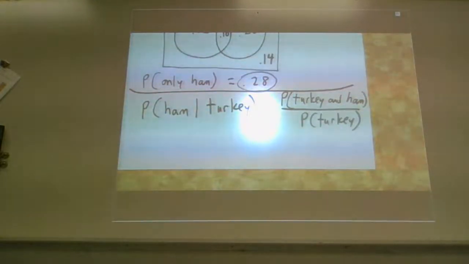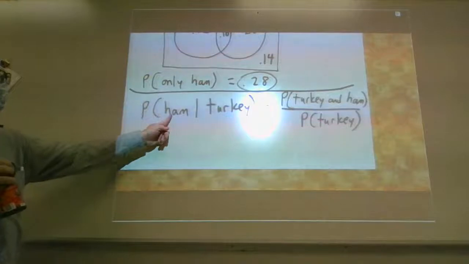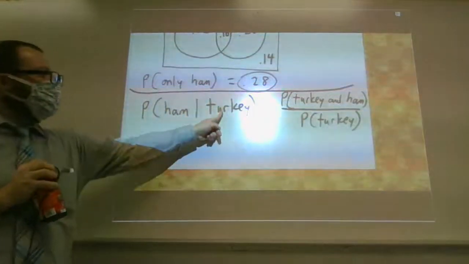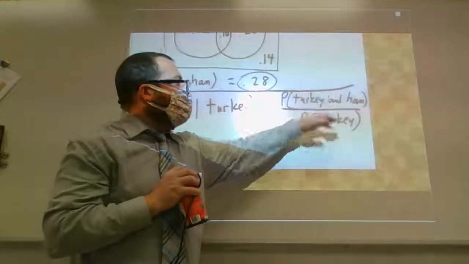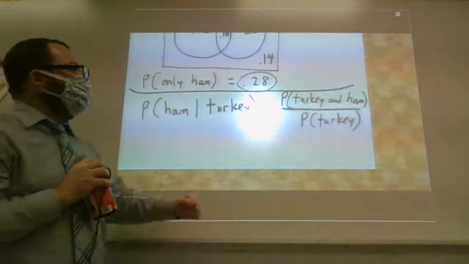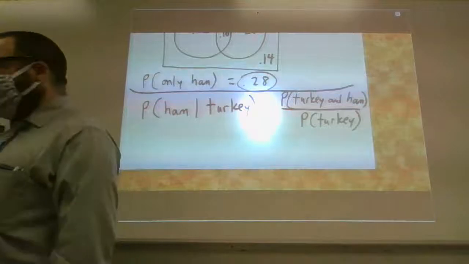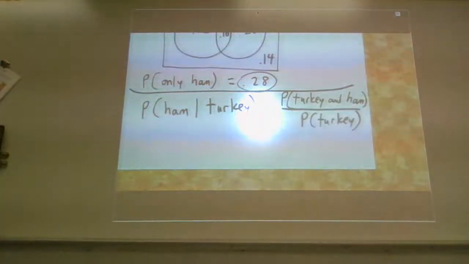If you have the probability of B given A, you find the probability of A and B and divide it by the probability of A. You always divide by the probability of the given event. In this case, turkey. And knowing all of that information, we're like, oh, happy day.